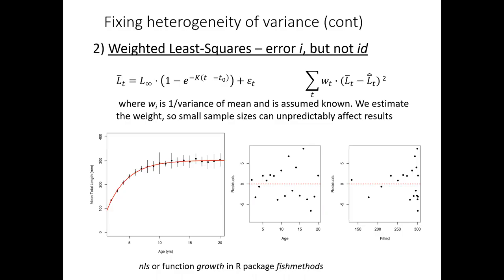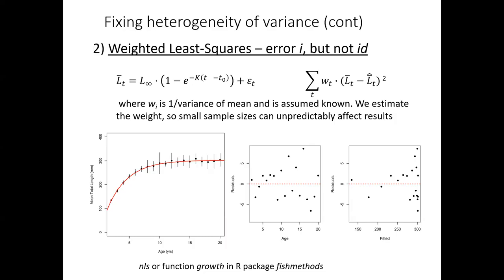And that's where this kind of method can become problematic if you have small sample sizes, because if you have low sample sizes, those weights can be all over the place and can affect the results. In this method, if the variance about your mean length at age is large, then those points get less weight.